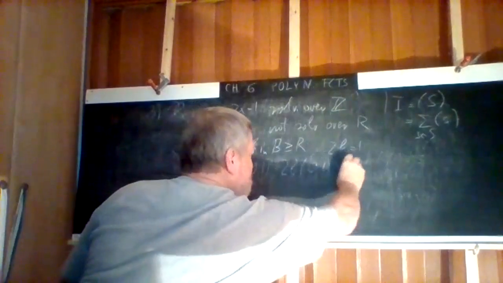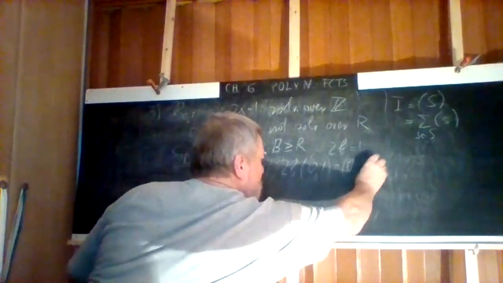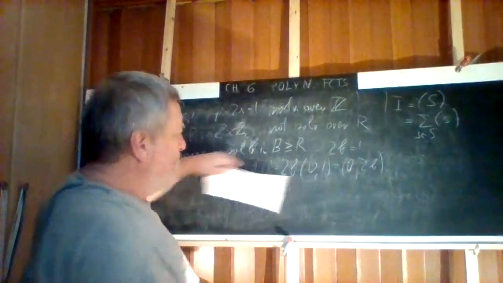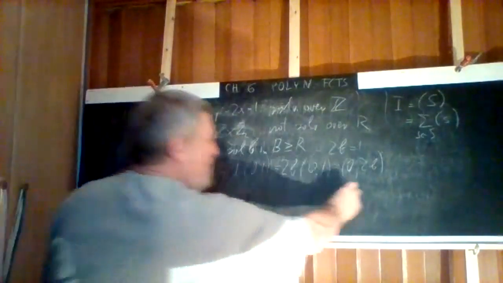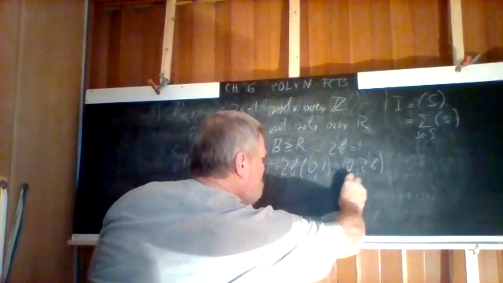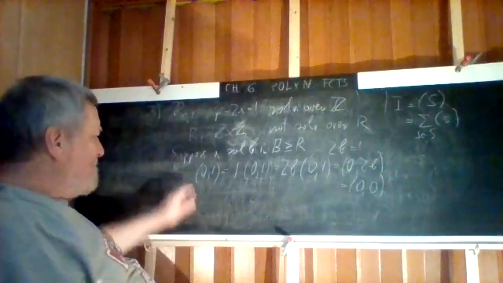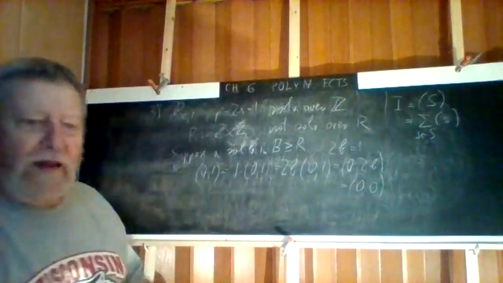That's 0, and 2 times B, because we are in the second component in Z2, is 0. So this is equal to 0, 0. And here we have the contradiction: 0, 1 would be 0, 0.